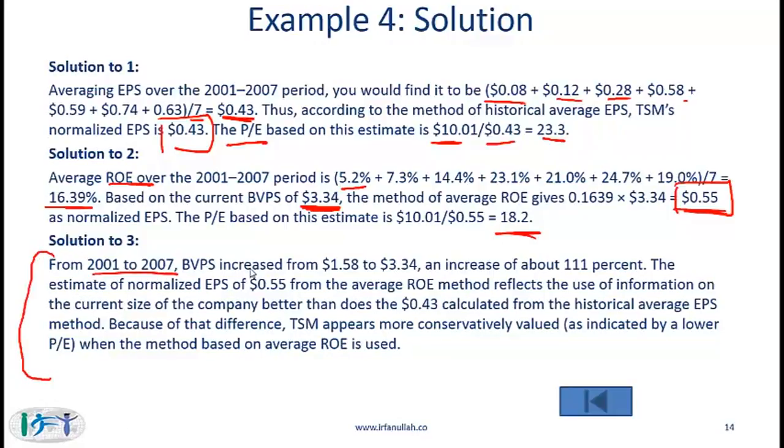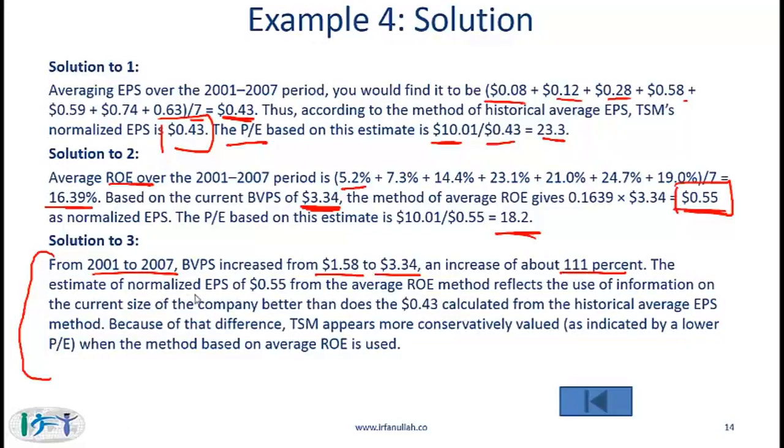Over this period, the book value per share increased from 1.58 to 3.34, an increase of about 111%. So the company obviously grew a lot.